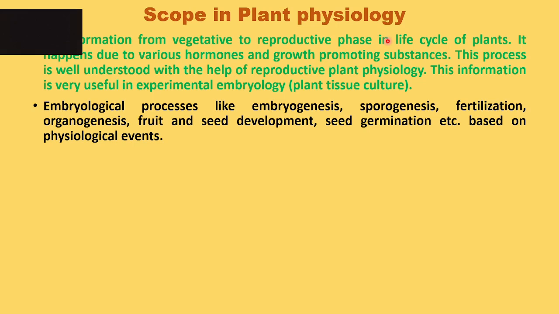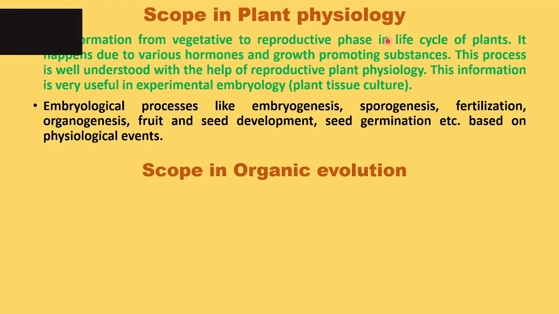So not only is embryology helpful in physiology, physiology is also useful in embryology. For better study of embryology, we must take support from plant physiology also. These two terms are very closely associated.